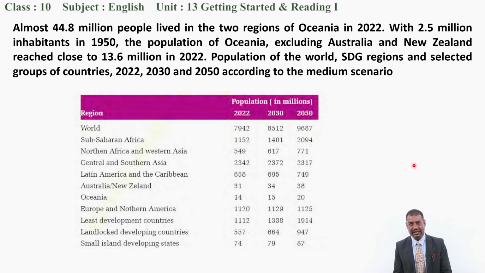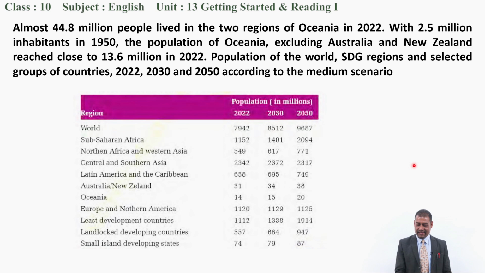So in your free time from your textbook, you can read this table and find out, and you can compare. It means that you need to have a comparative study in your free time about the trend of population growing up and down, and at the same time between developed, developing and underdeveloped countries.